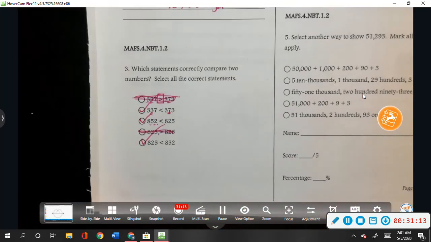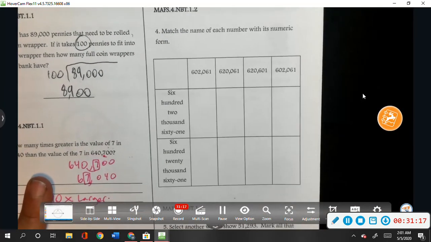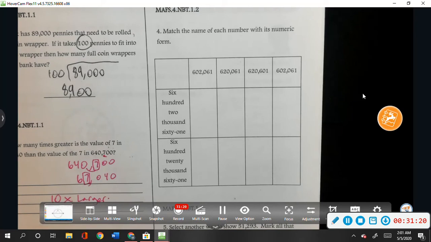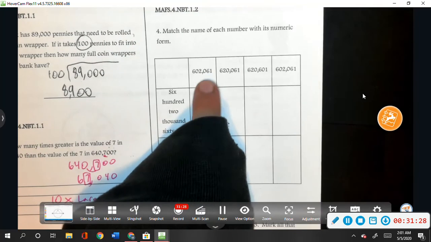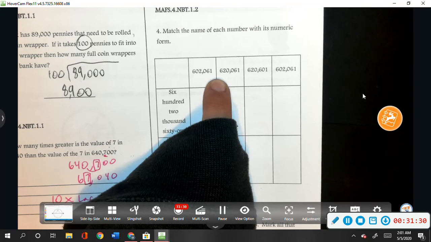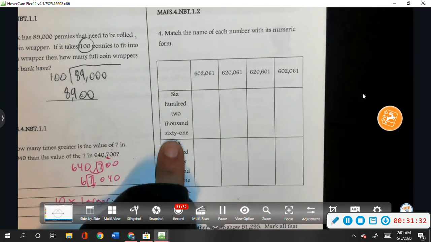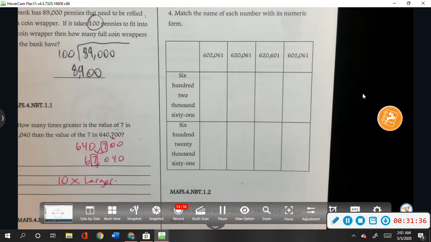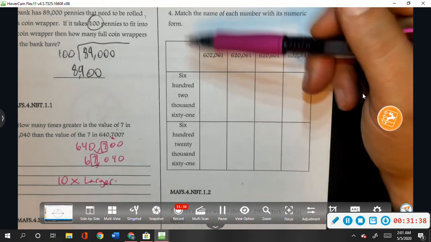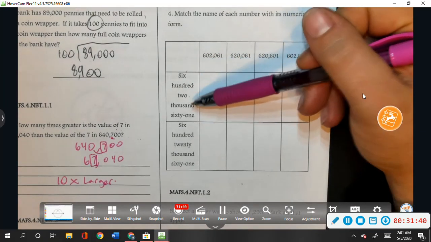Alright. Number 4. We had a problem similar to this yesterday. It says, match the name of each number with its numeric form. So we're going to read it in word form, and then we're going to read it in standard form, and we're going to match them. So we have 600,2061.